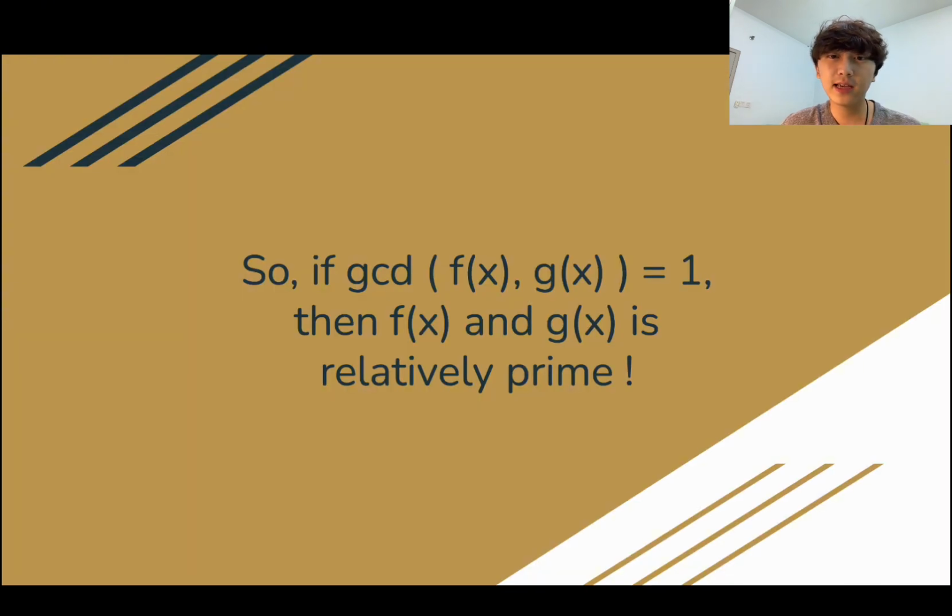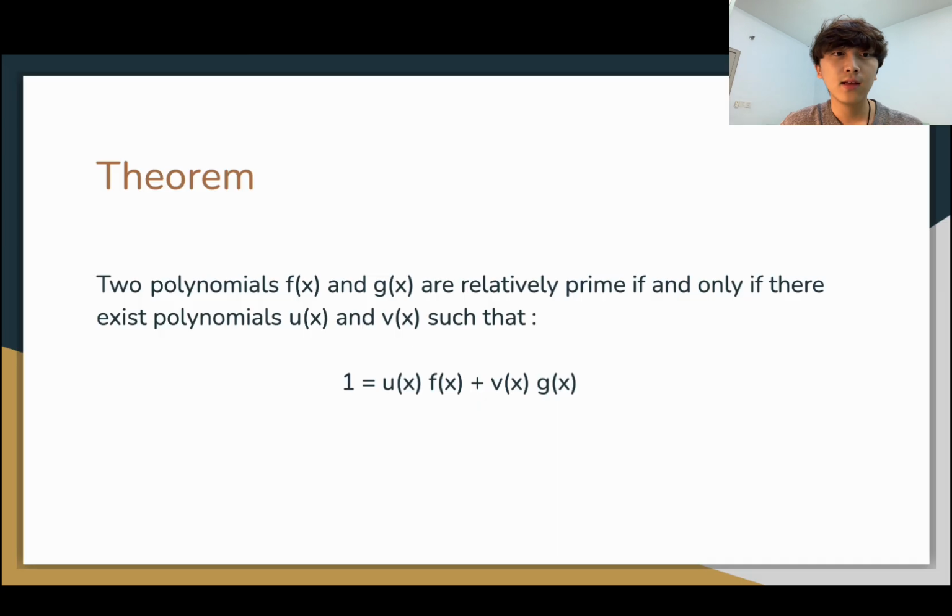So if GCD(f(x), g(x)) is equal to 1, then f(x) and g(x) are relatively prime. Now another theorem. Two polynomials f(x) and g(x) are relatively prime if and only if there exist polynomials u(x) and v(x) such that 1 equals u(x)f(x) plus v(x)g(x).